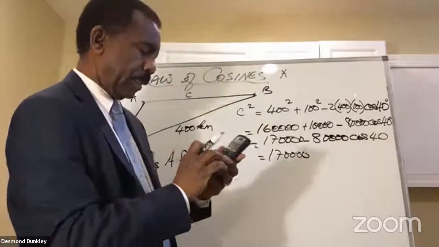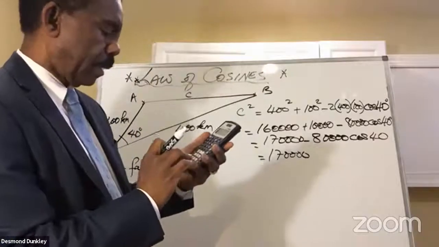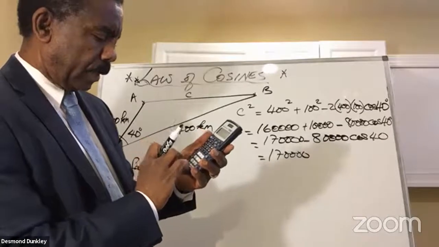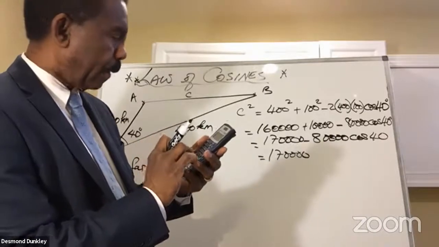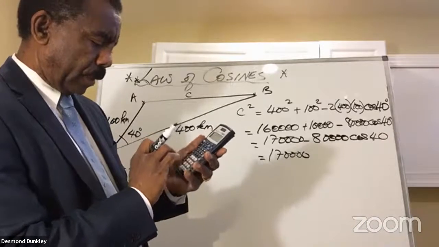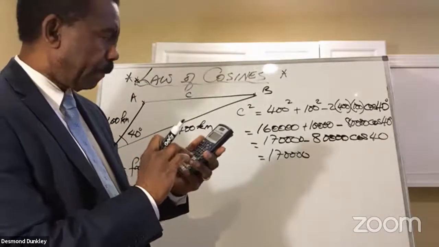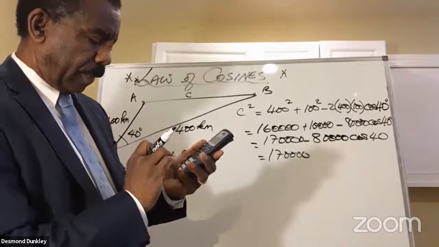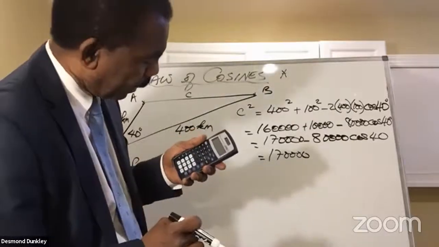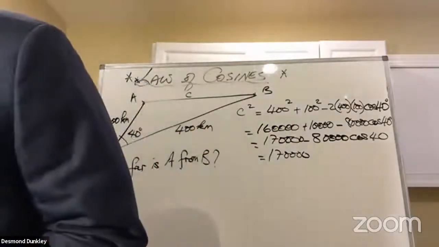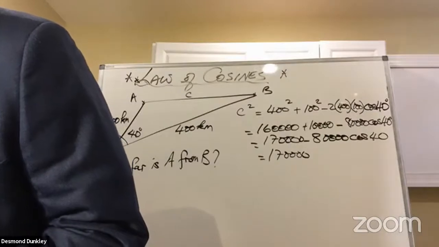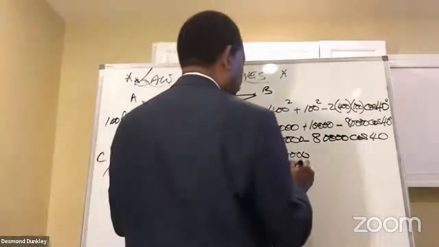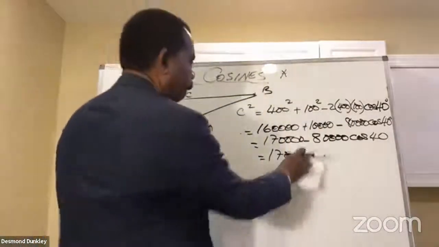So this works out to be 170,000 take away 8,000 times cosine 40 equal. And that gives me the number 108,716.